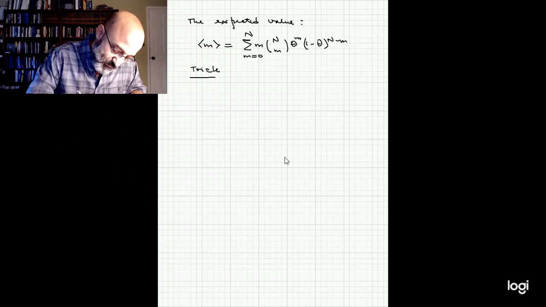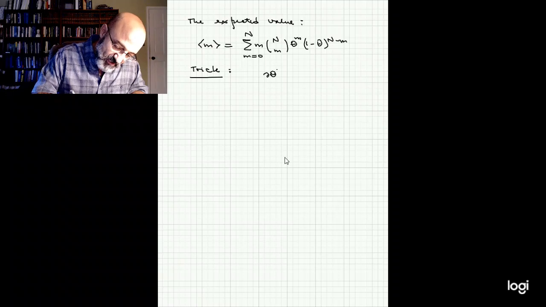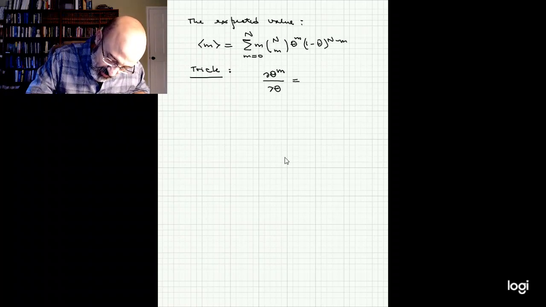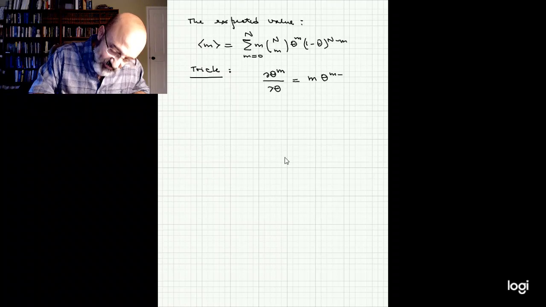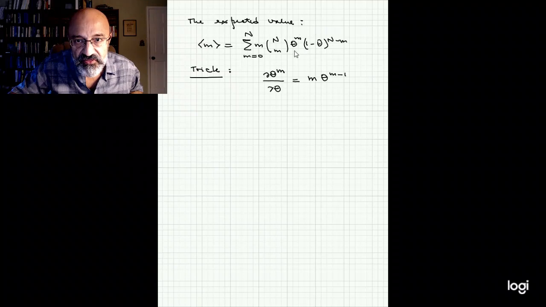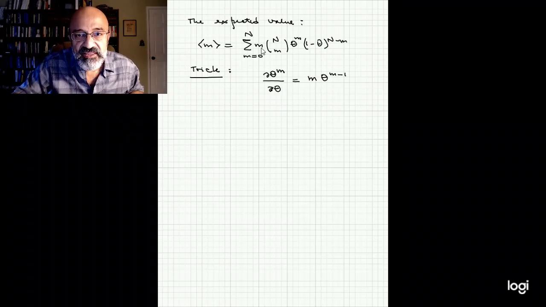The trick is to notice that if you take the derivative with respect to theta of theta to the m, you get an m in front. So if you take the derivative of this theta^m with respect to theta, you get this m here.